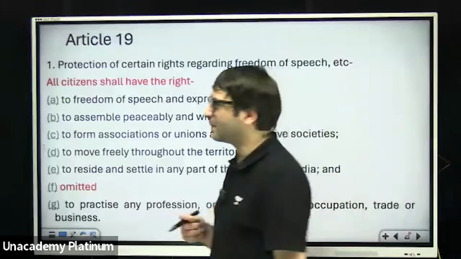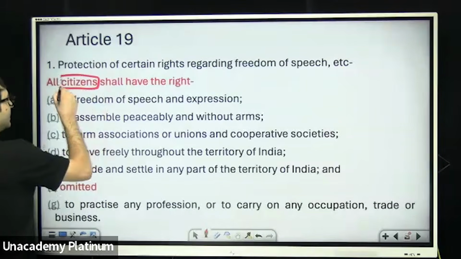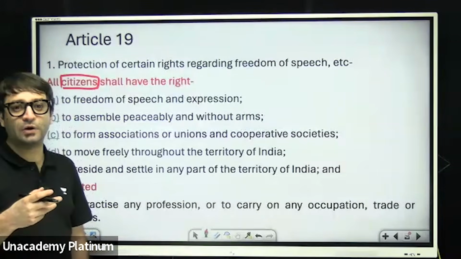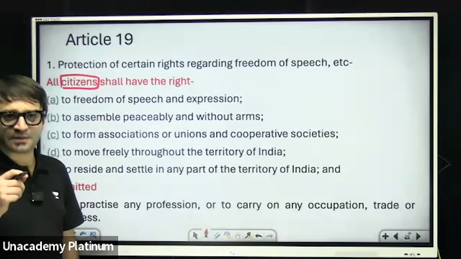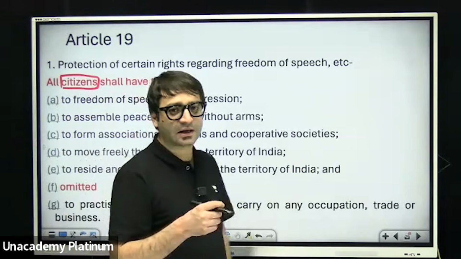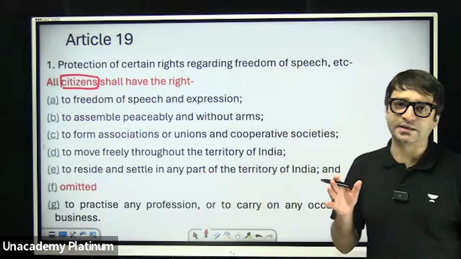Article 19 begins with "all citizens", which means this fundamental right is not available to aliens. It is exclusively available to citizens. Just like Articles 15 and 16, now we encounter Article 19.